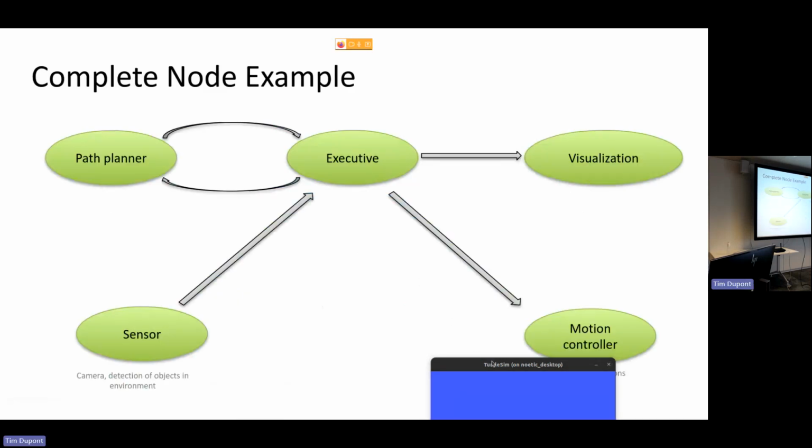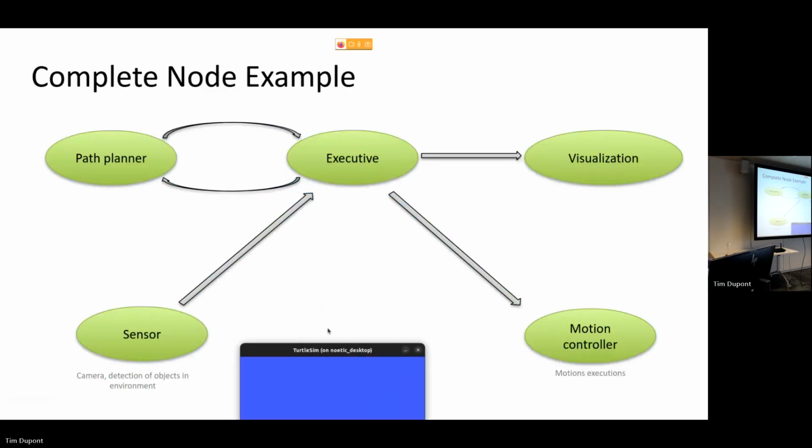All right. And if you combine it, you get a small ROS network graph for a small robot solution. So sensors that will just use topics to publish the sensor information, an executive to combine it, for example, and that can send to the path planner to start navigating.